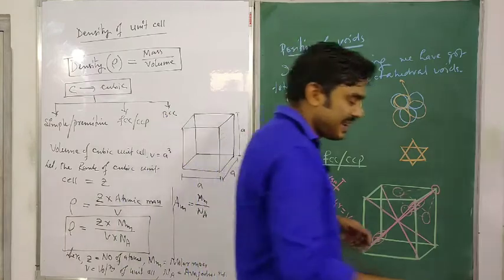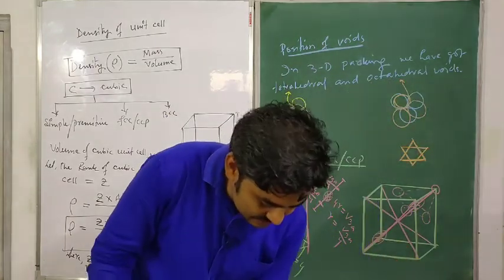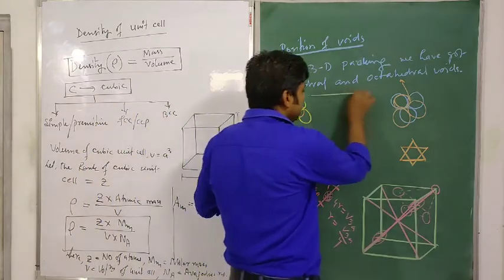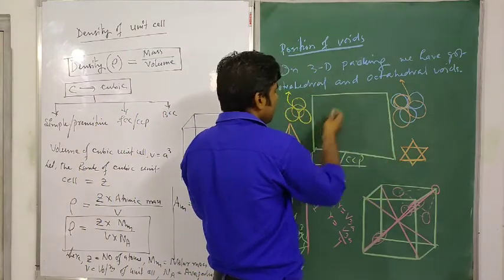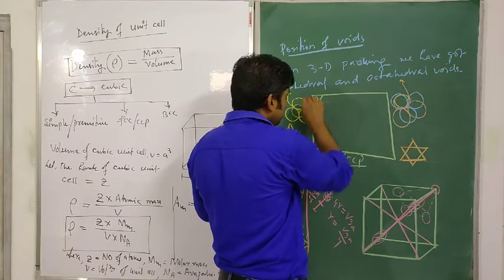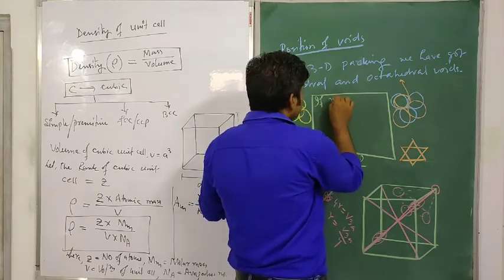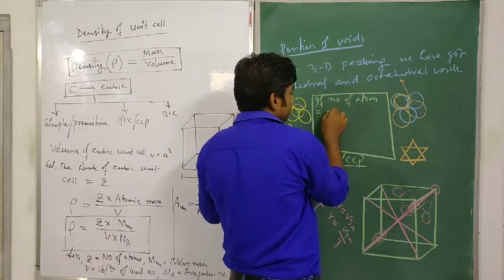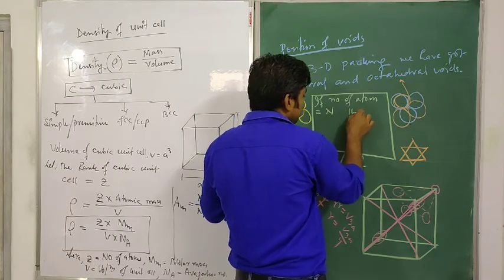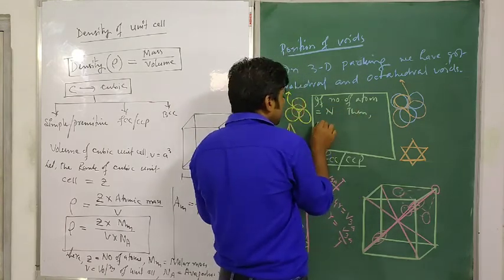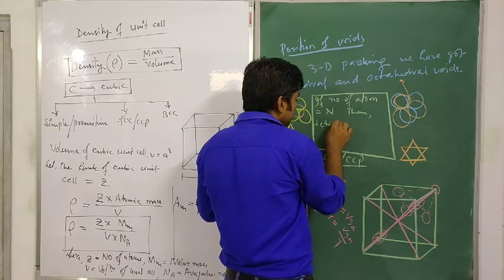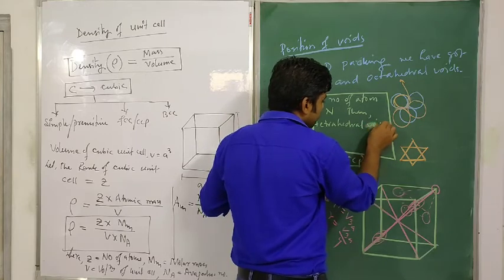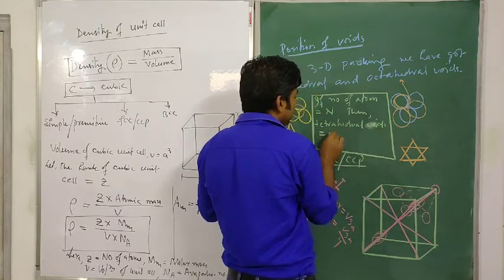Okay, so again you can conclude one thing. What you see here, suppose let us consider, so I want to write here, if the number of atoms is equal to say n, then we can write tetrahedral voids is equal to twice n.